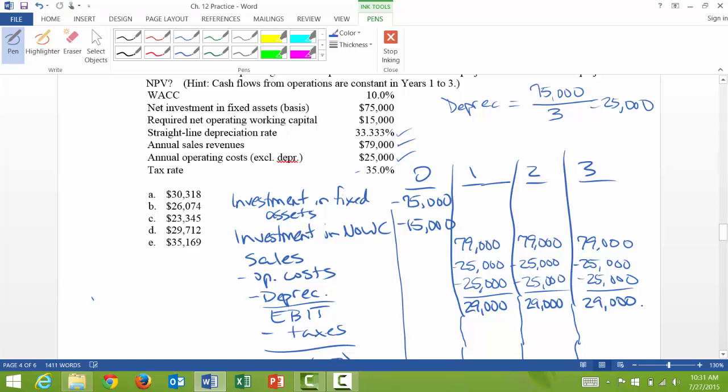And then we need to figure out our taxes. So if we have $29,000, I'll put taxes, times the tax rate of 35%, then we'll get taxes of $10,150. So I'll take minus 10,150.